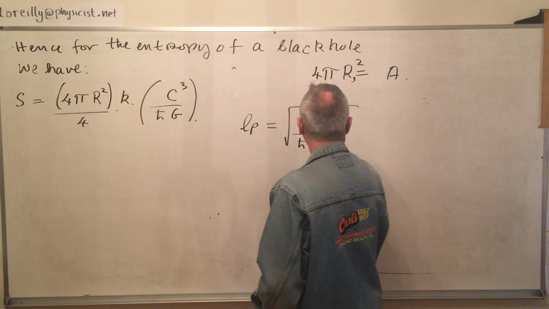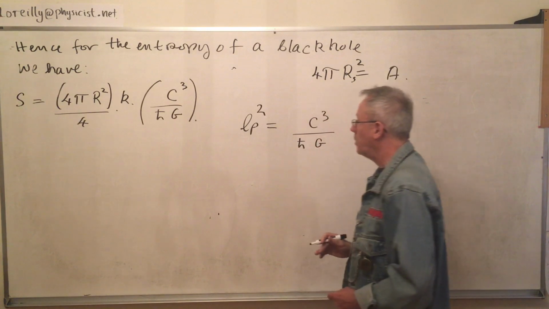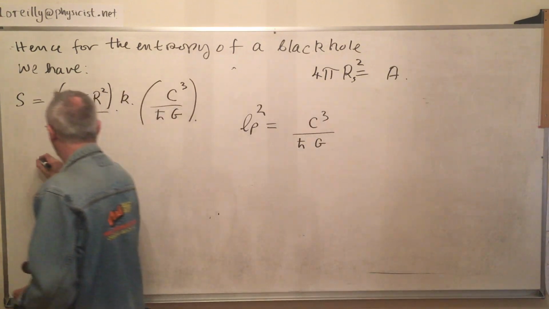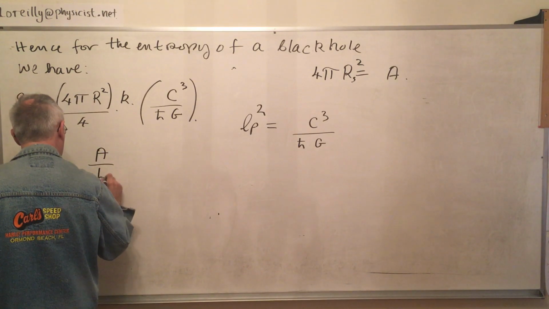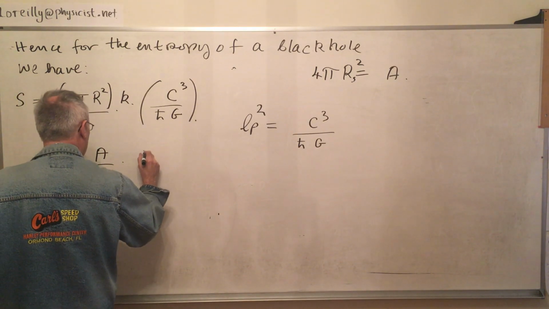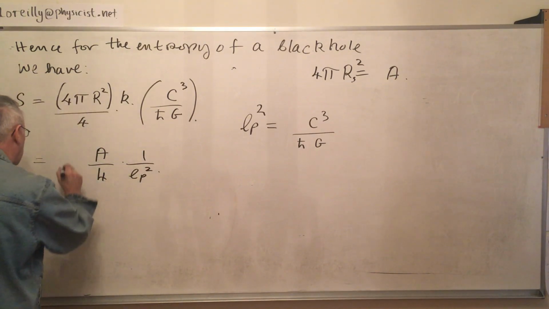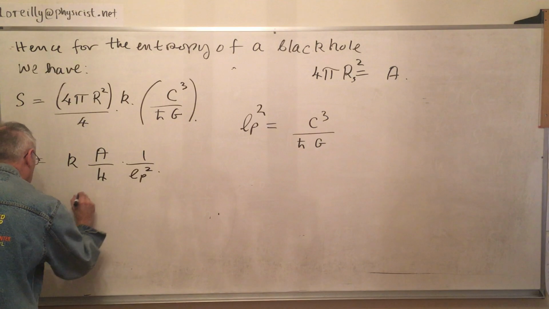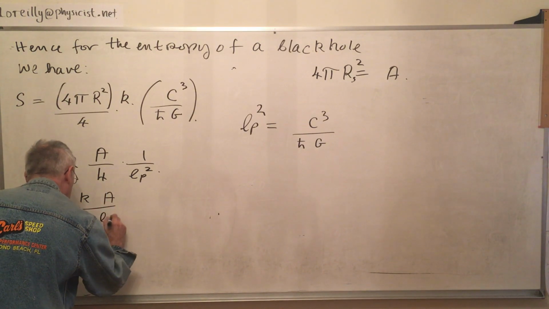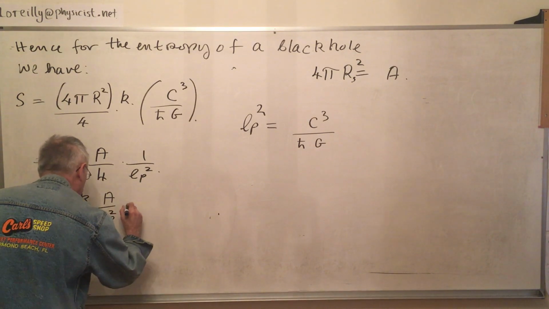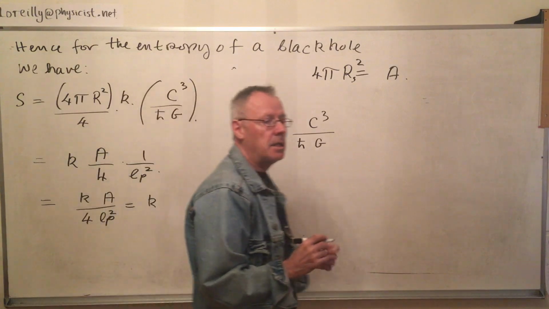So therefore then, L_P squared is going to be this thing, minus the square root. So this is L_P squared. Now there's a k in here. Now, I like to regard this L_P squared as the fundamental unit of area.